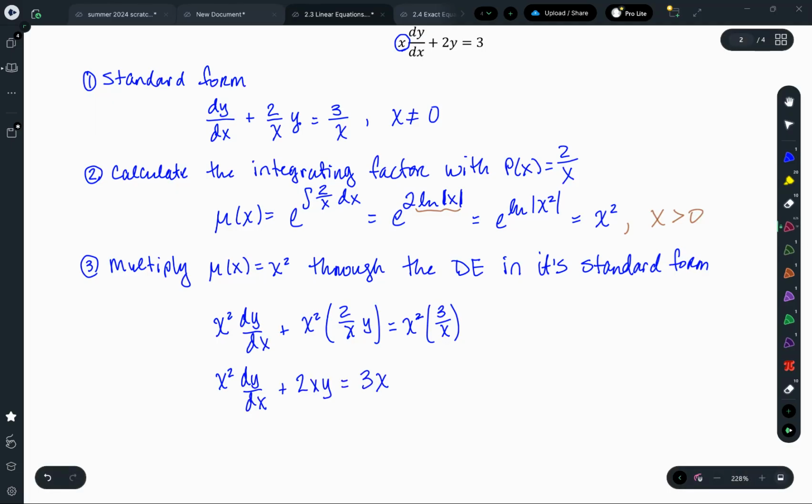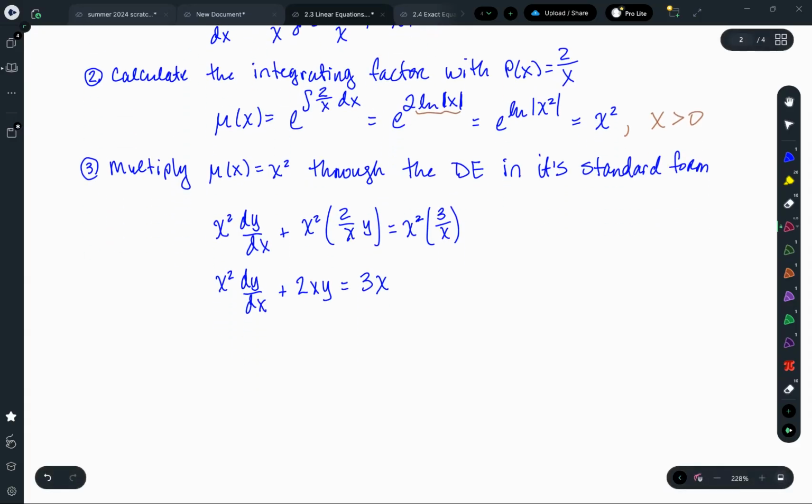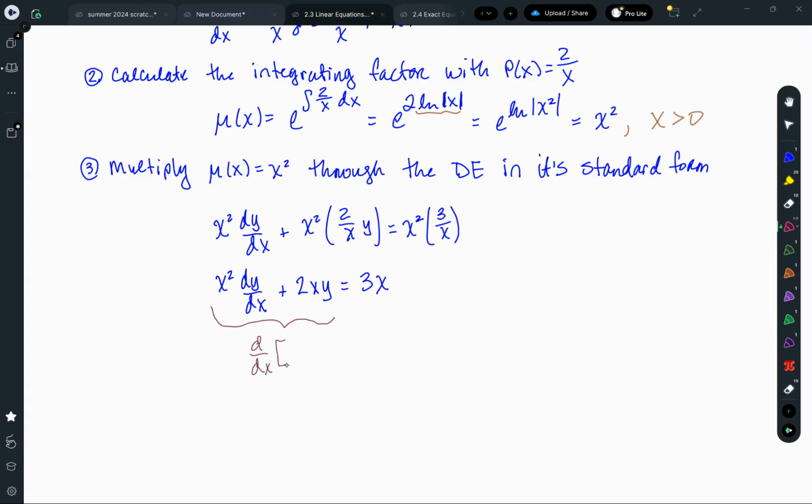Now, here's the moment where I have to recognize that this left-hand side is the result of having taken d dx on mu of x times y. Mu of x is x squared, and then there's the y. Okay, now let's just check it so that you can believe it.